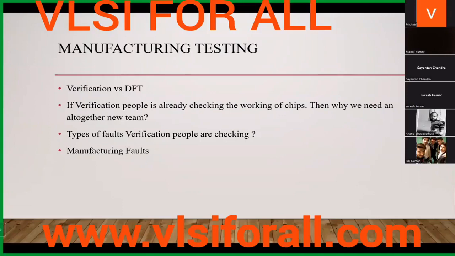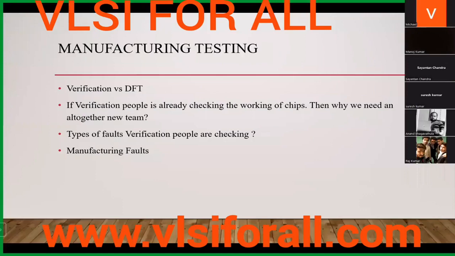But I put this question up here because initially verification people are the people who were maintaining the testing of the chip. Then how did we, as a company or as an industry, get to the point that we need a different team to test our chips?